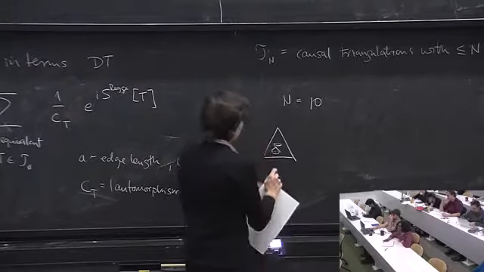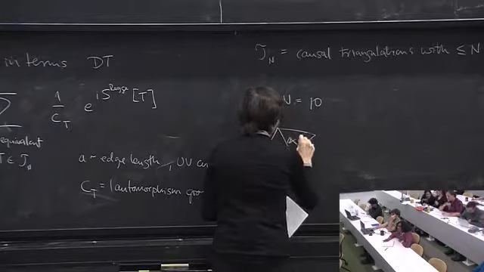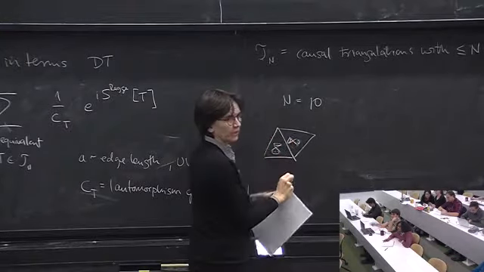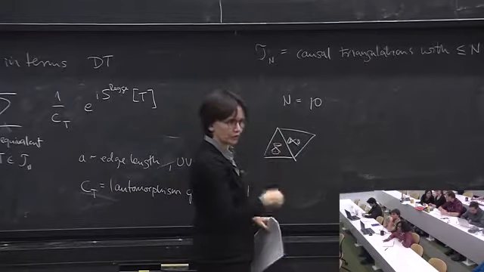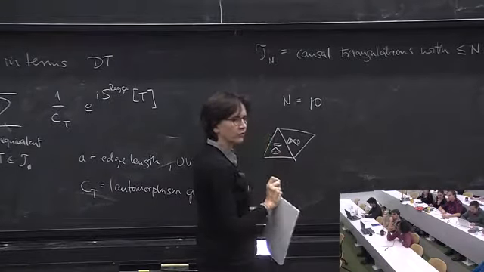So that I don't glue this together with something where, say, the light cone goes this way, and maybe I create closed curves and other nasty things. But I'll give you some more details about this later.